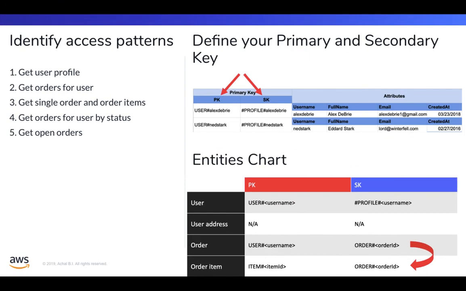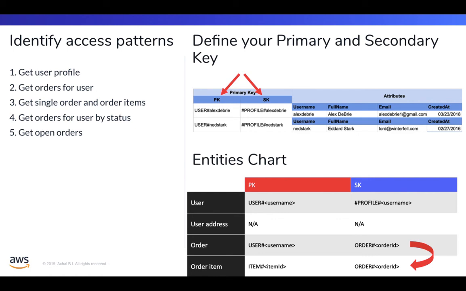The first thing that we need to do is identify the access patterns, right? So access patterns are, first we need to get the user profile whenever we want. We need to get the orders for those users as well. So whenever we ask what orders are available, what orders were made by those users, we need to be able to retrieve them.